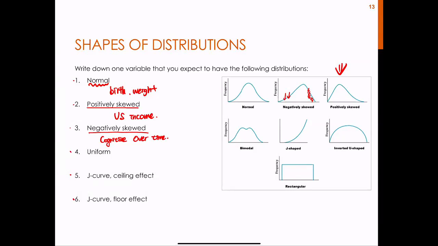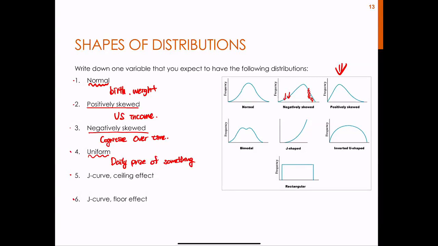Then how about the uniform distribution? Maybe daily price of something specific, groceries or stuff like that. Usually in a day, the price does not change. So uniform is a really good example.